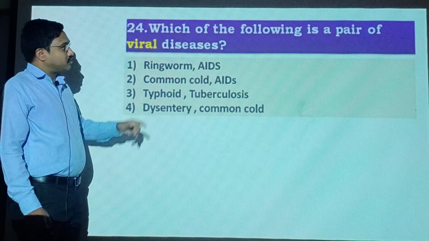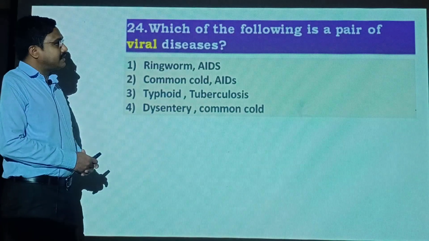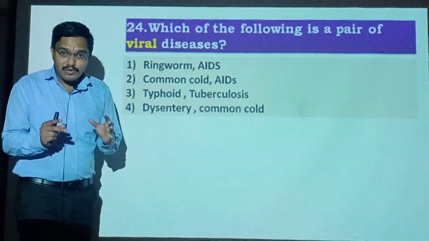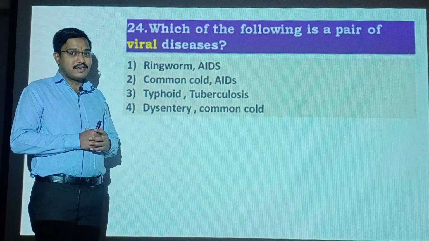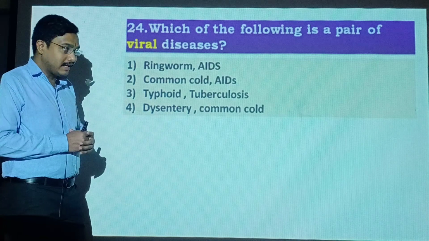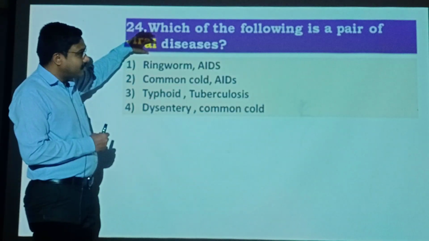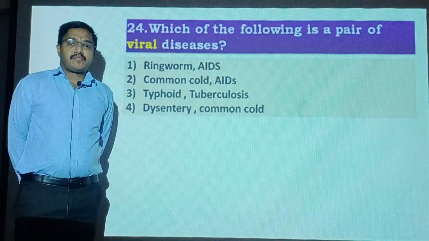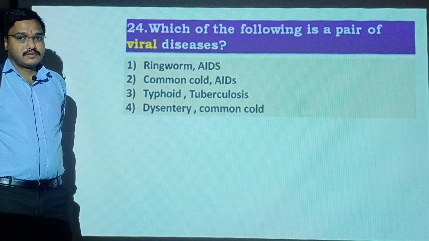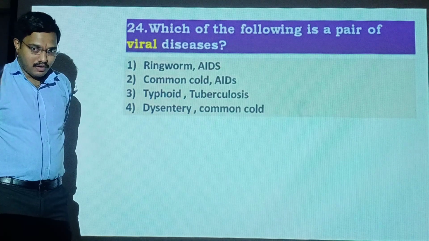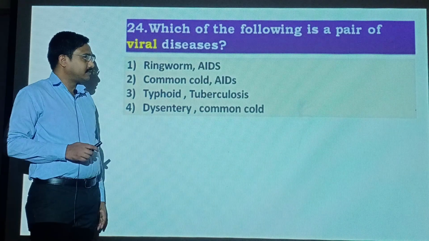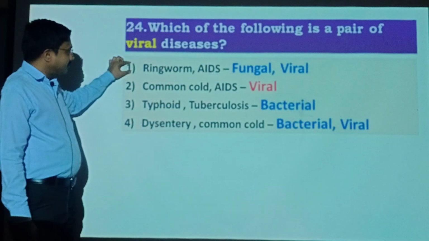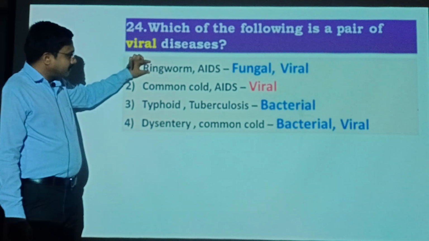Question number 24. Which of the following is a pair of viral diseases? Here we have to select viral diseases. Correct, we should read the questions carefully. See the options.